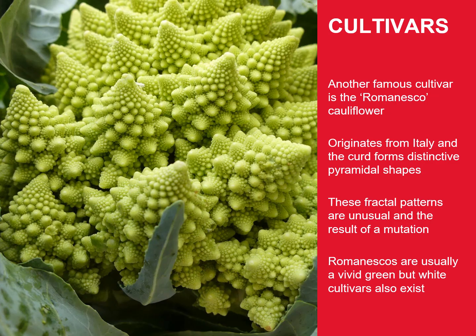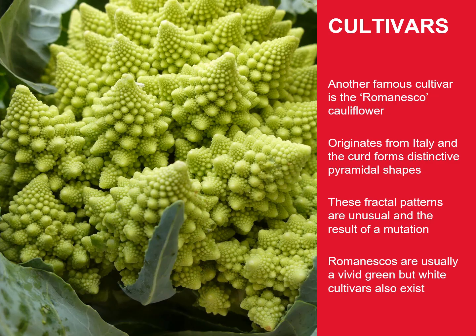Perhaps one of the most famous and striking cauliflower cultivars is the Romanesco cauliflower. This originates from Italy. Romanesco is also known as Roman cauliflower. It has a distinctive curd formation, where the curd, rather than developing in mottled clumps of tissue, develops distinctive pyramidal shapes in fractal patterns.